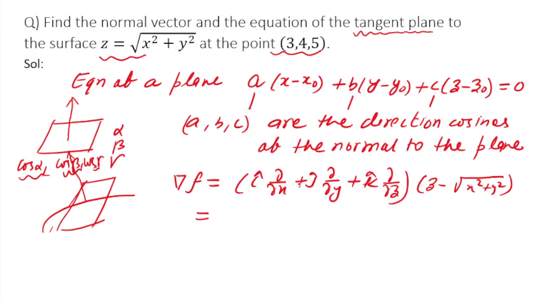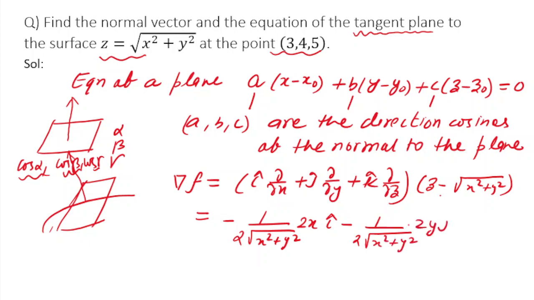So del by del x of this will give me what? Minus 1 by 2 under root x square plus y square, and 2x will also be there, so 2x i cap. With respect to y, I will get minus 1 by 2 under root x square plus y square into 2y, j cap.